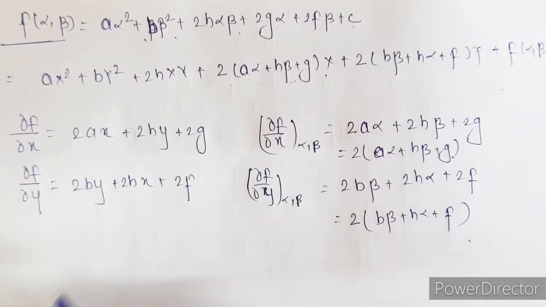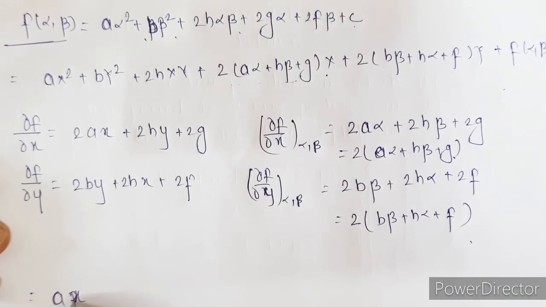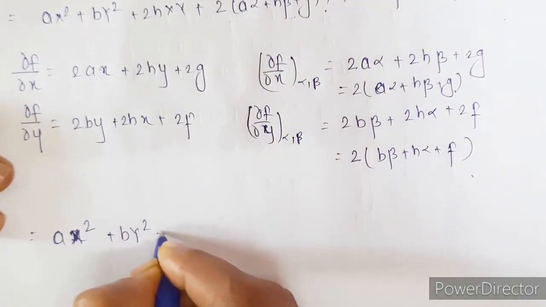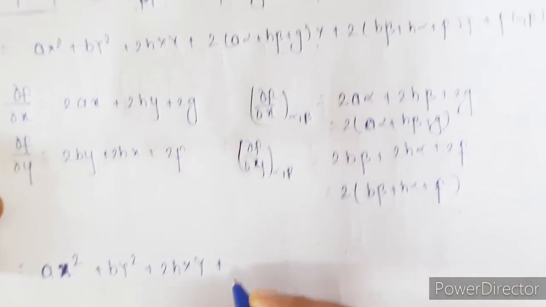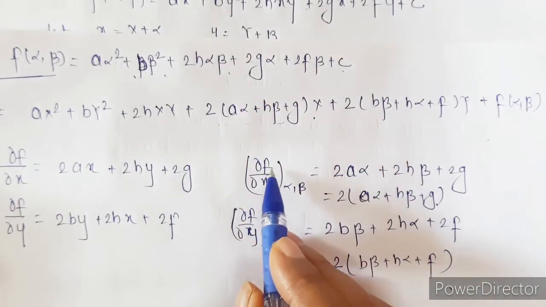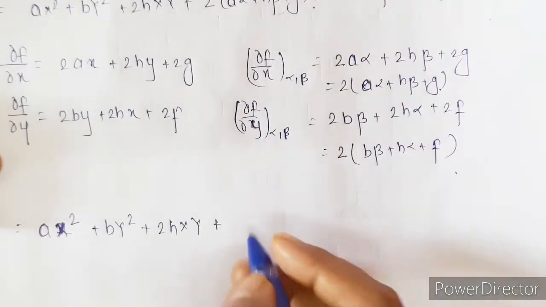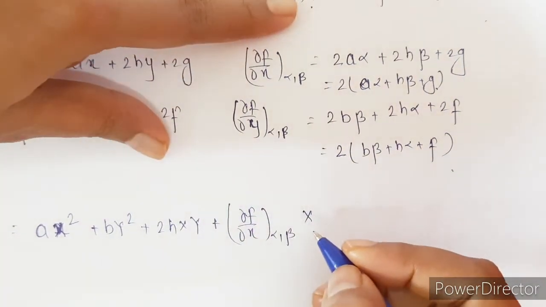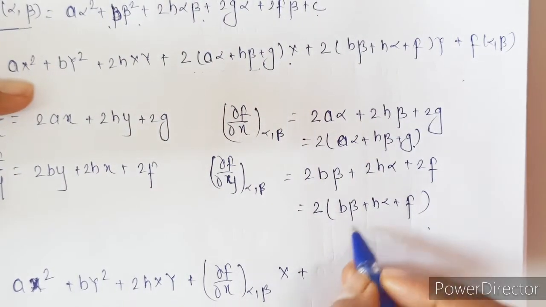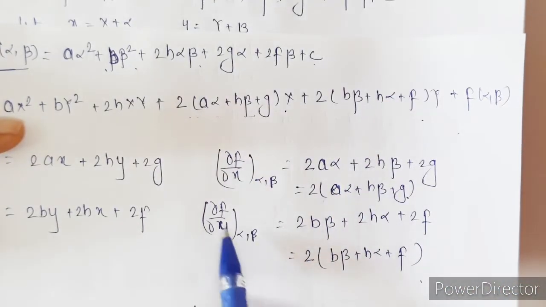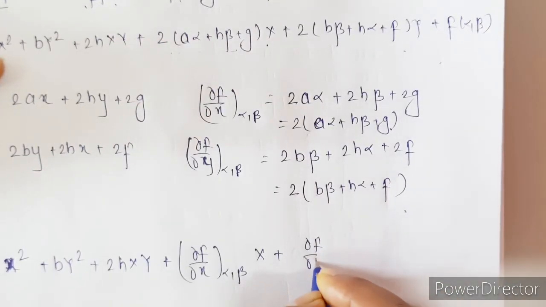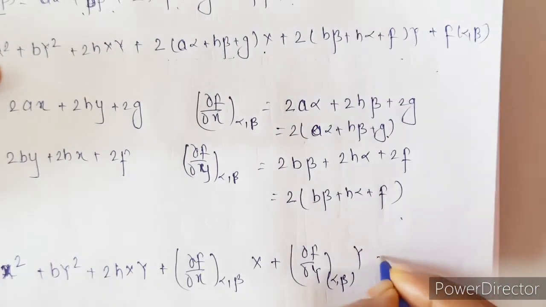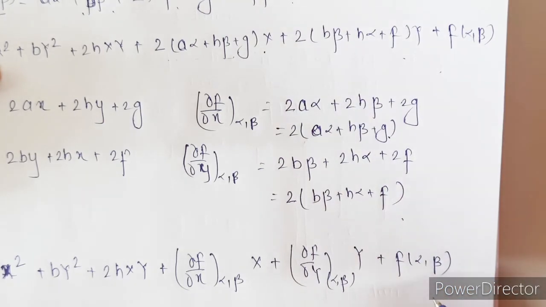So we can write this equation as ax² plus by², this is capital X, plus 2hxy plus, instead of this, we are replacing it by ∂f/∂x with respect to α, β, into this x, plus again we are replacing this term by ∂f/∂y at α, β and this remaining y, and plus f of α, β.